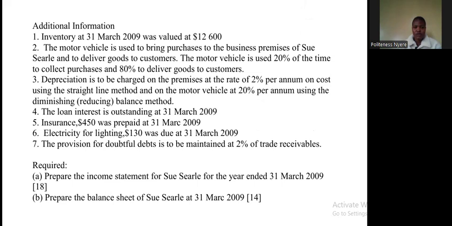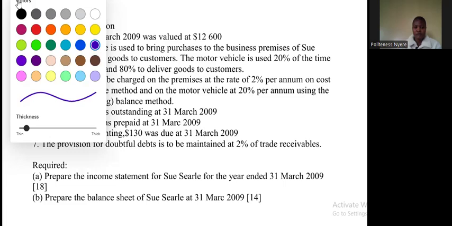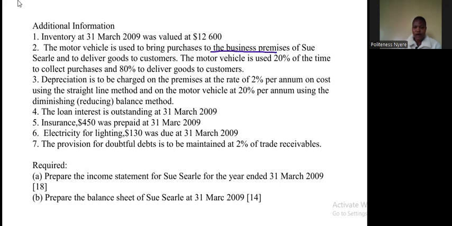The motor vehicle is used to bring purchases to the business premises, and also to deliver goods to customers. It is used 20% of the time to collect purchases and 80% to deliver goods. Automatically that means that the expenses to do with the vehicle are supposed to be divided.